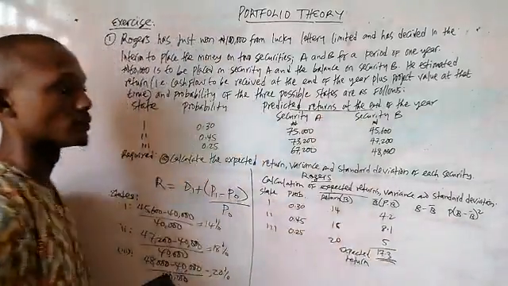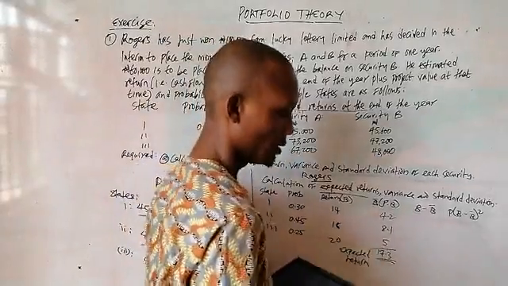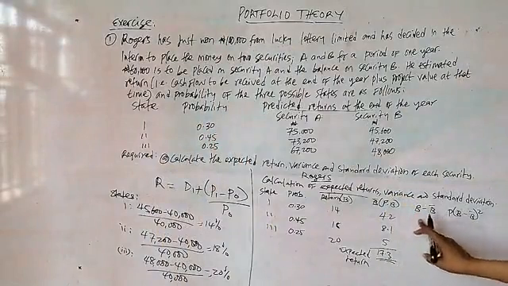So let's calculate our variance now. We cannot come to this without passing through the previous stage.